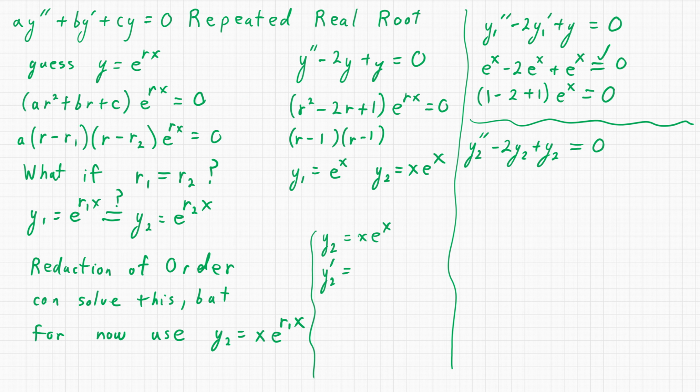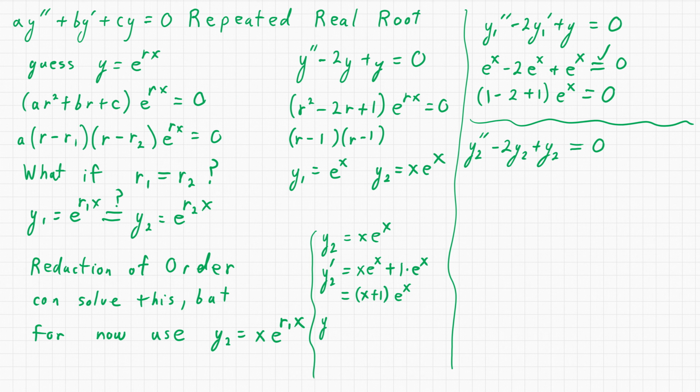Let's do the derivative of e to the x first. So this half is x e to the x. Then I get plus, the x turns into a 1, so I get 1 times e to the x. Simplify this as much as you can, so you don't have to take as many product rules and derivatives. This is the same as (x plus 1) times e to the x.